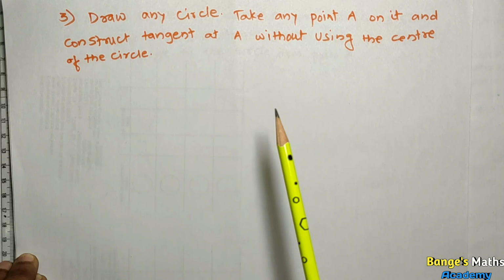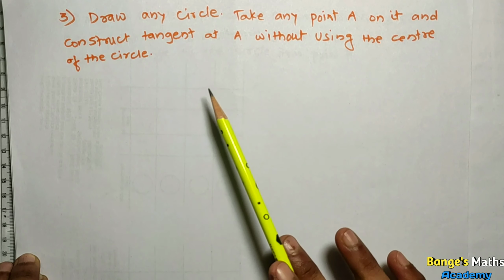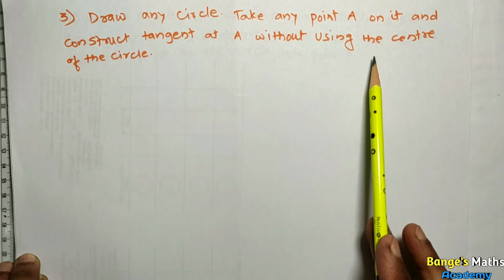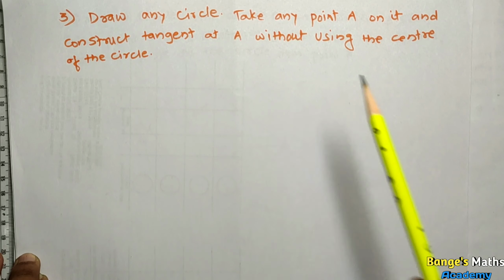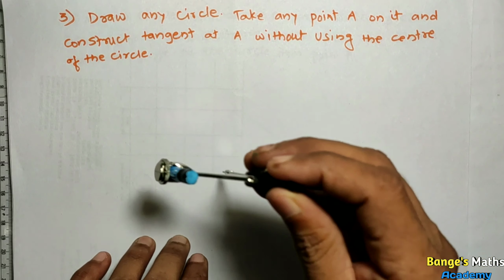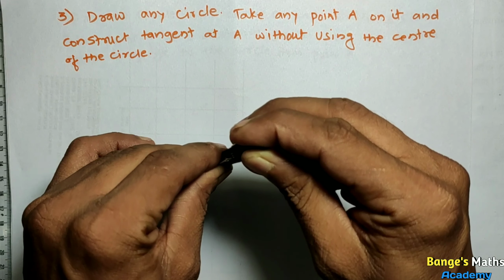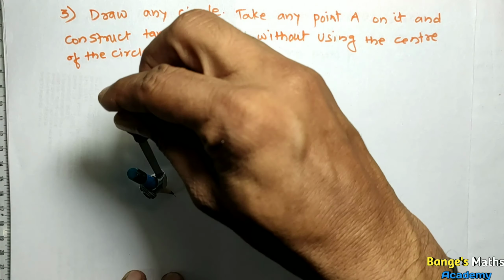Third example, draw any circle, take any point A on it and construct tangent at A without using the center of the circle. So radius is not given, so we have to draw a circle with convenient radius. Draw a circle with suitable radius.